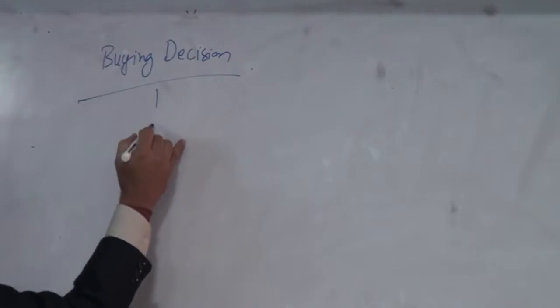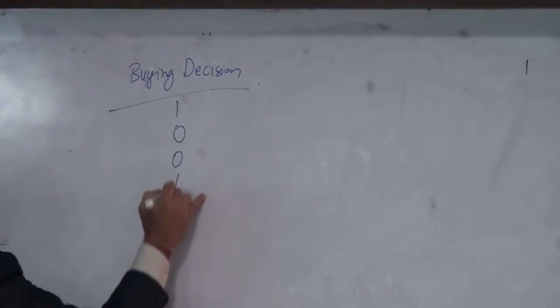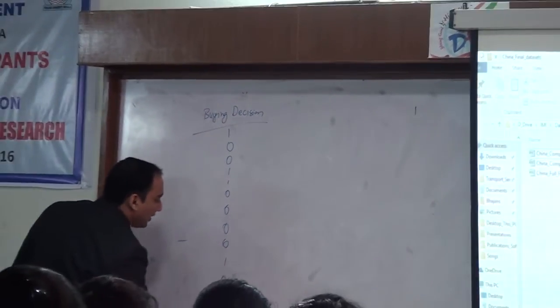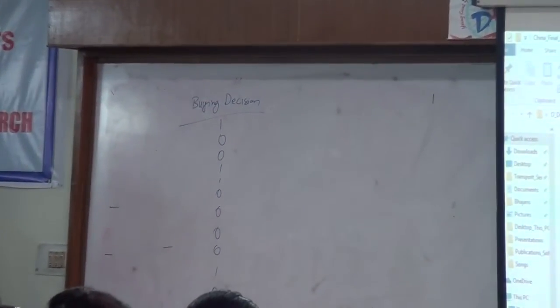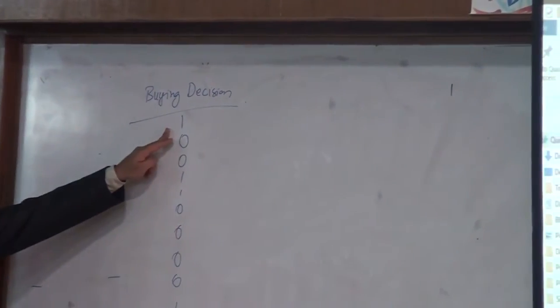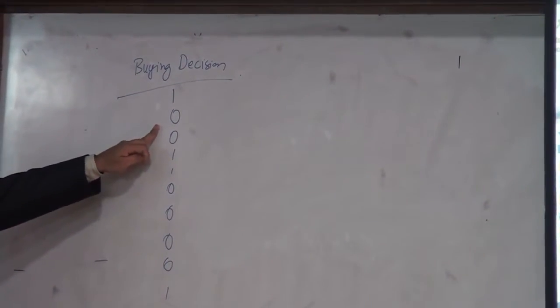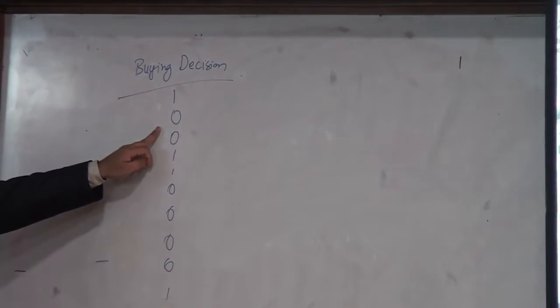The buying decision would be like 1 0 0 1 1 0 0 0 0 1 0 0 1, something like this. So 1 represents a person who is buying, 0 represents a person who is not buying. Now look at this very carefully.